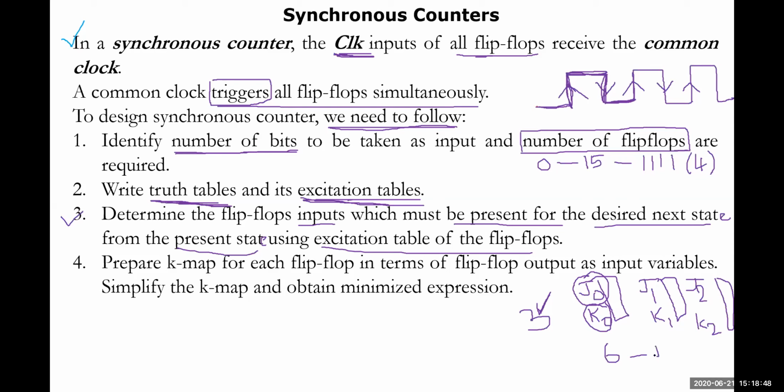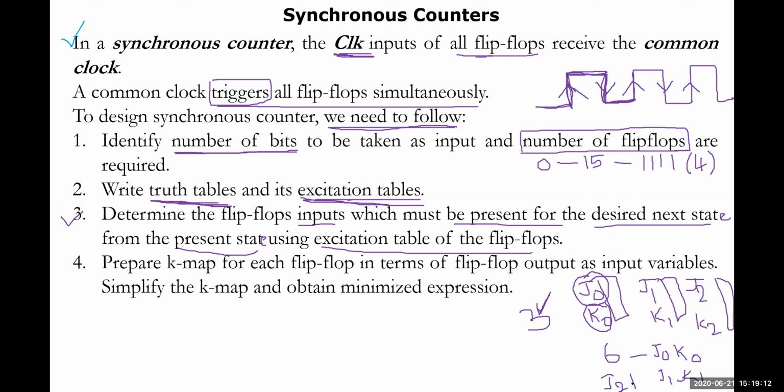The values of J0 and K0 are the first set of flip-flop inputs. You need to identify the inputs of the first flip-flop and how these will be connected, followed by how J1 and K1 will be connected, and how J2 and K2 will be connected.